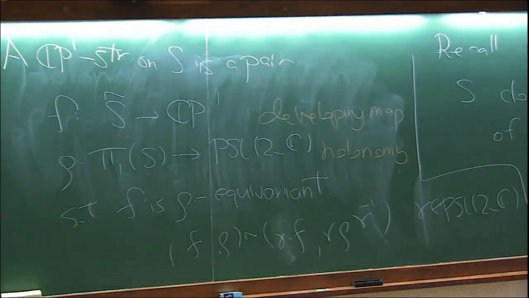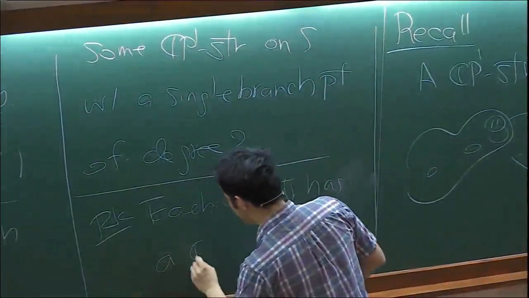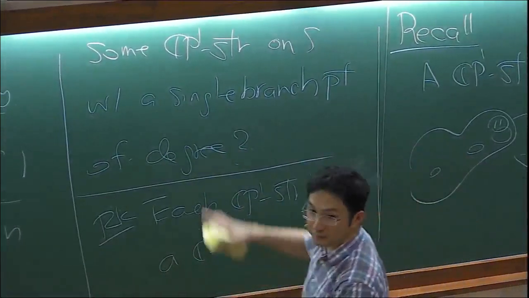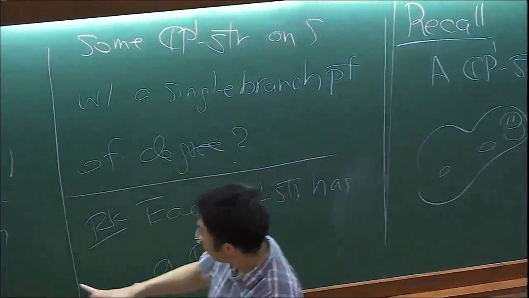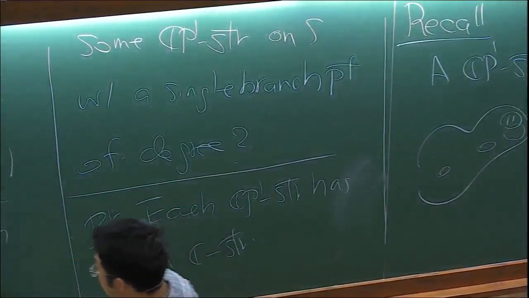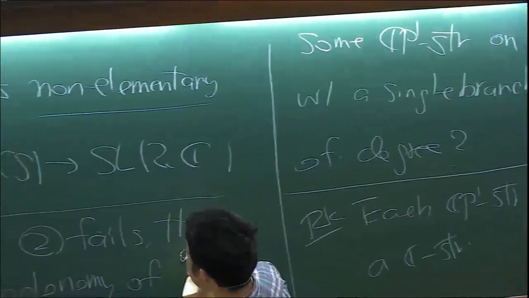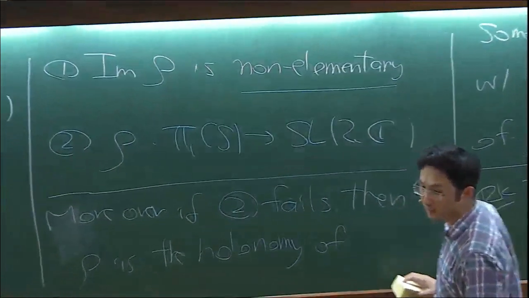Also recall that each CP1 structure has a complex structure, obtained by pulling back the complex structure of CP1 by the developing map. With respect to this complex structure, a branch point looks like a simple zero.